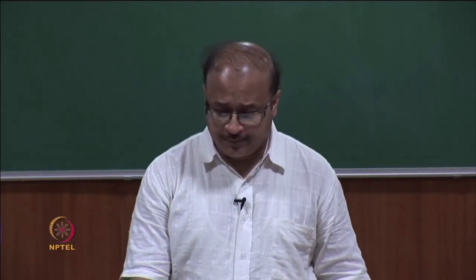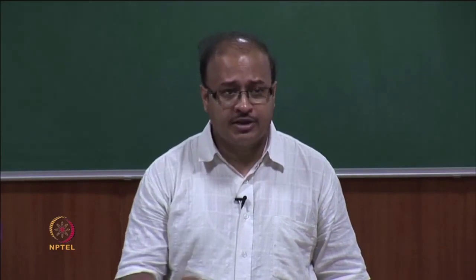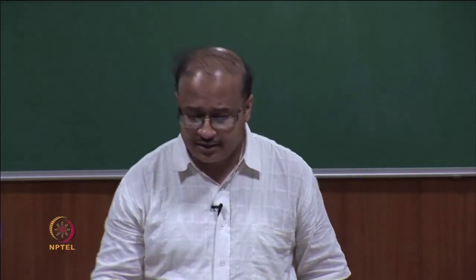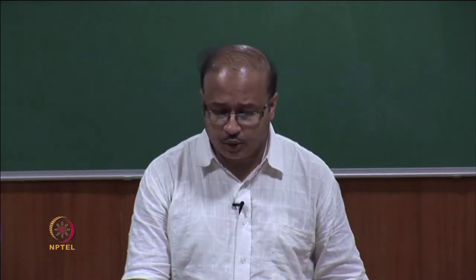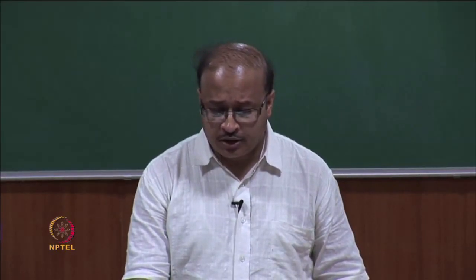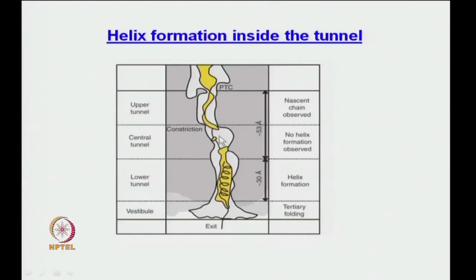Now, not only that, apart from this peptide getting synthesized, when this protein or elongated chain comes out through the tunnel, it also experiences many interactions. Then there is a constriction at some place in the tunnel, and we looked at why we have a constriction there, because of two specific proteins present there.